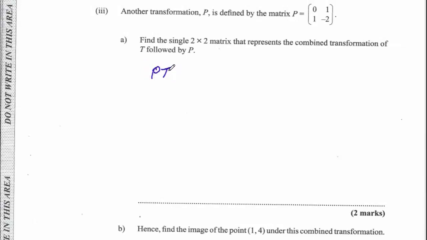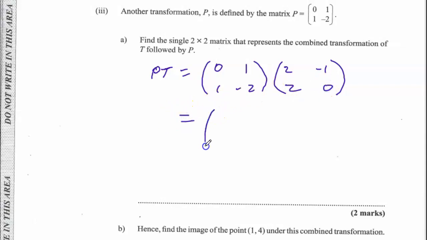So P is 0, 1, 1 minus 2, and the matrix T was 2 minus 1, 2, 0.